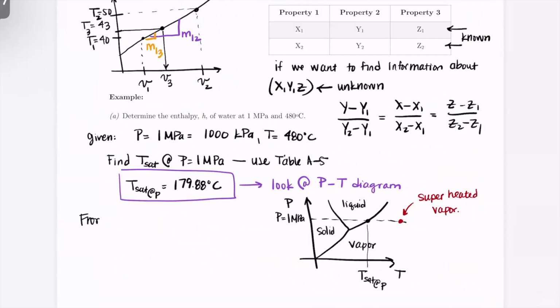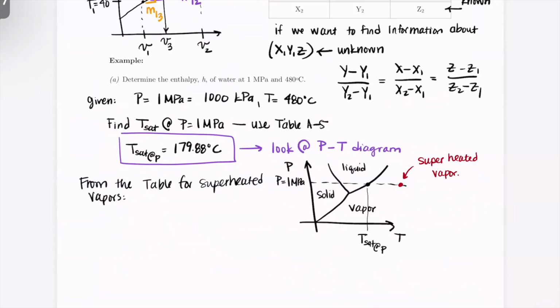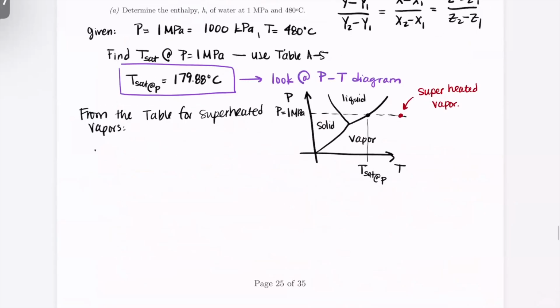So from the table for superheated vapors, we have temperature in degrees C, and enthalpy, which is kilojoules per kilogram.